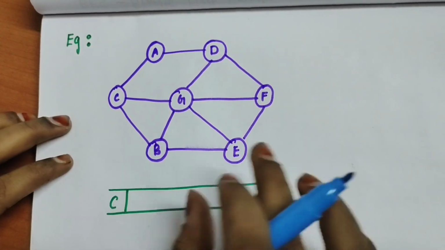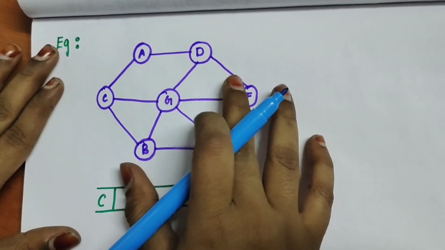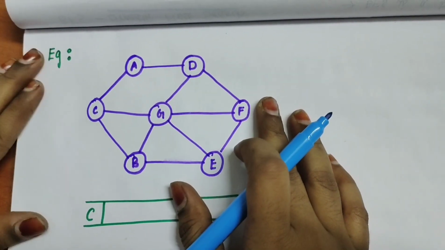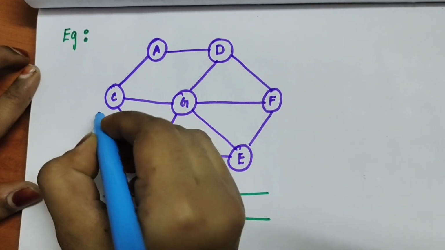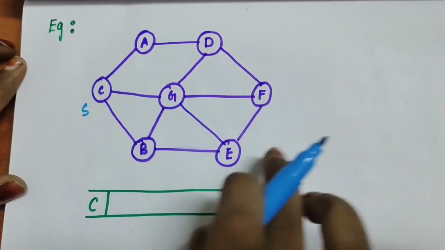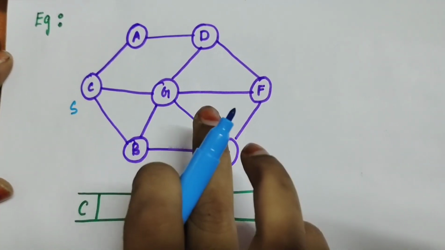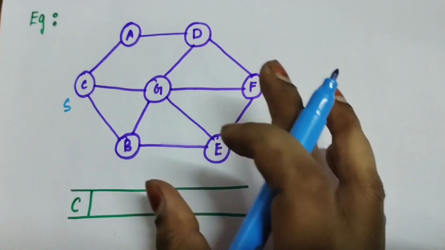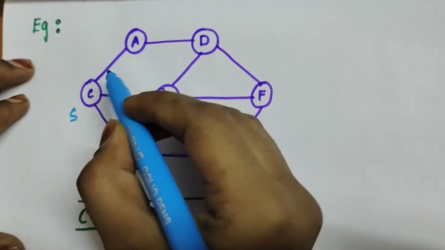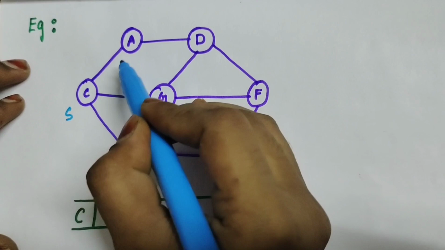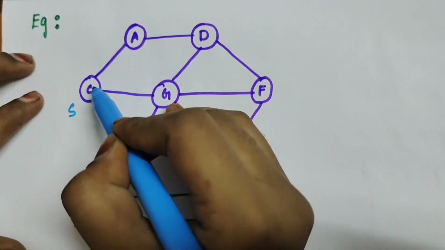Now consider an example of this graph, where I have taken an unweighted and undirected graph, and I consider C to be the starting node. In the BFS traversal, we have to see the adjacent vertices of C, the starting node.